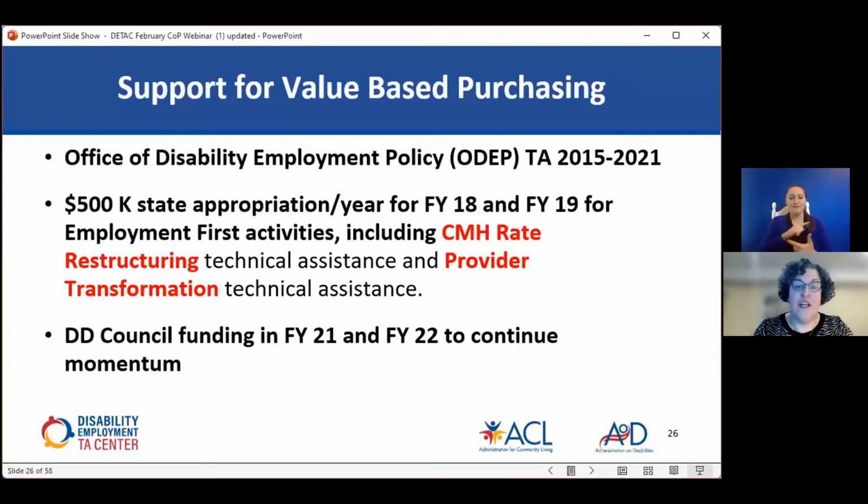Second, the state appropriation that we received for fiscal year 18 and 19, that was $500,000 per year for a variety of Employment First activities, including this rate restructuring technical assistance, and also for provider transformation technical assistance. And then finally, the DD Council has provided limited funding in fiscal year 21 and 22 to continue the momentum. Next slide.